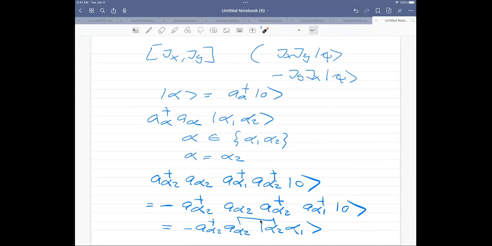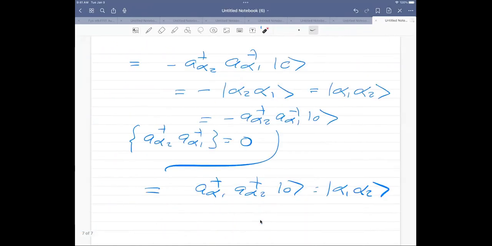And when we do that, then we know that this one takes away a state in alpha 2, and then this one creates it back again. But then we have a new ordering where we have interchanged alpha 1 and alpha 2. And then we have decided that we want to have a specific ordering where alpha 1 comes before alpha 2. And then we have to bring in a phase factor.